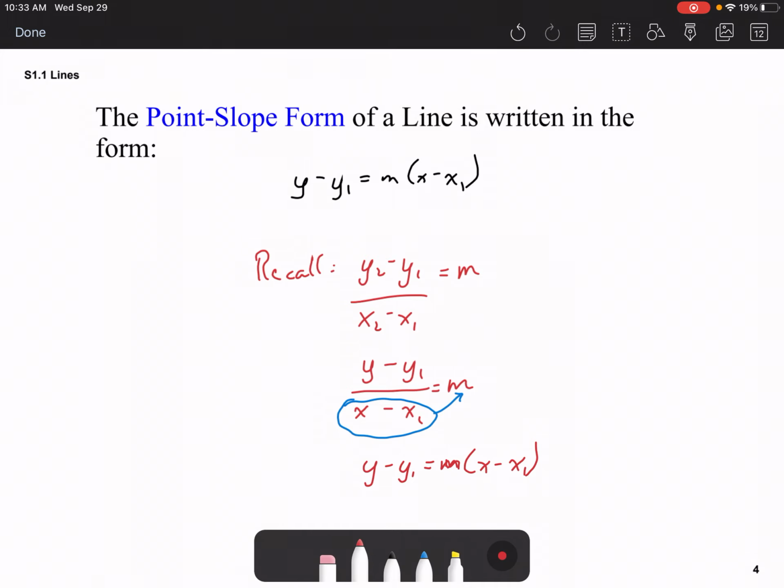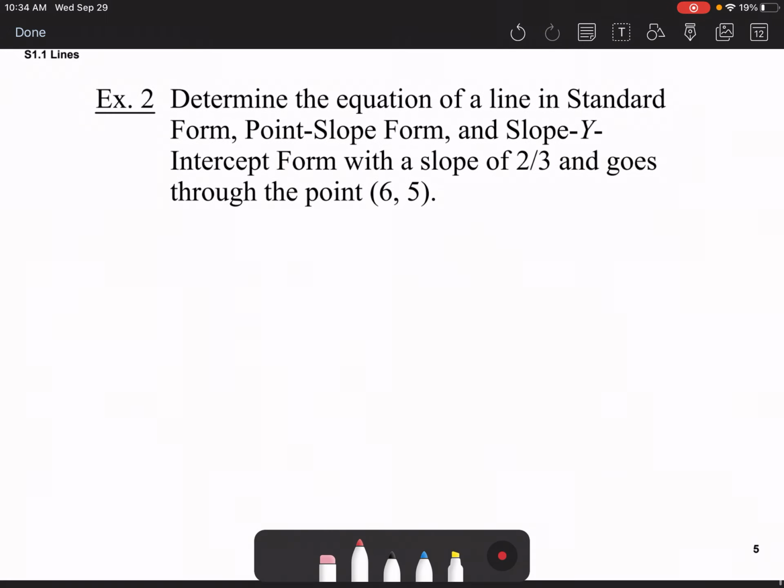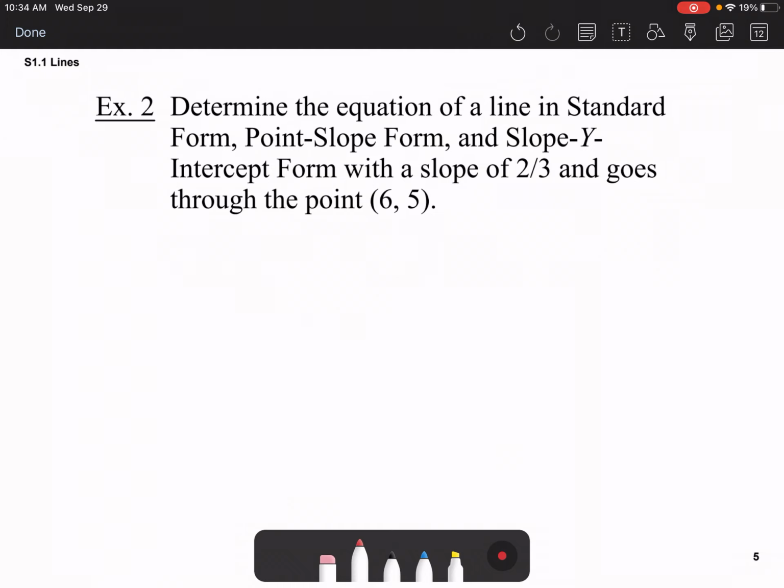Okay, so let's determine the equation of a line in standard form, point slope form, slope y-intercept form, with a slope of 2/3 that goes through the point 6, 5. So me personally, I'm going to write y equals mx plus b to start with. I know my value for m in this case is 2/3.